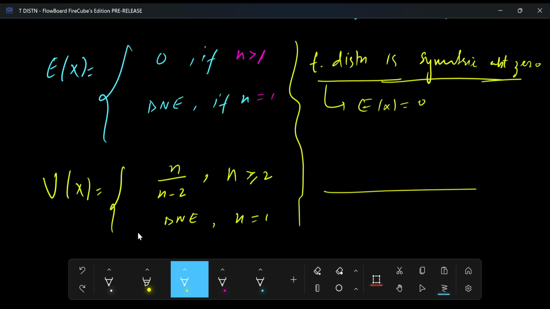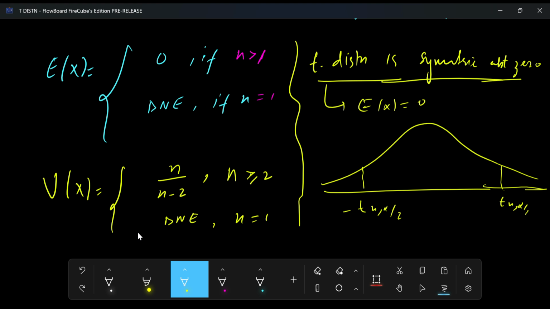Let's draw the graph of this t distribution. That's something like this. This is symmetric. Here we have minus Tn alpha by 2, Tn alpha by 2. So say here is 50% area, here is 50% area. This is my critical value. But you don't need to know about this critical value right now.